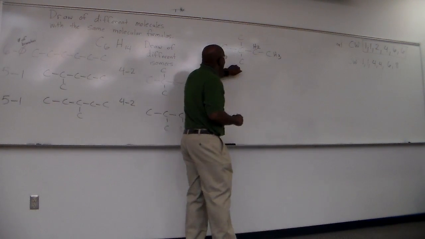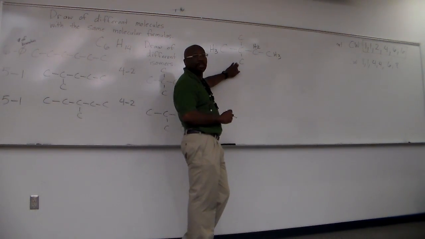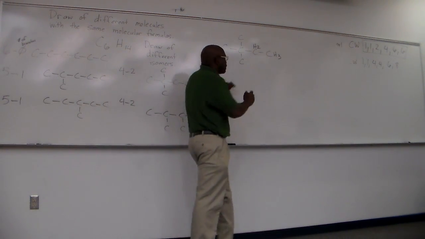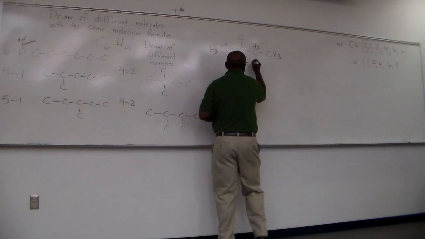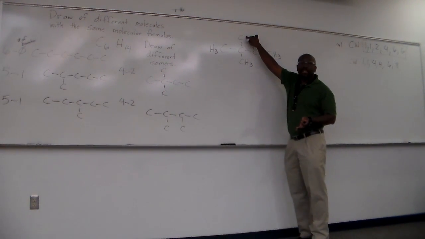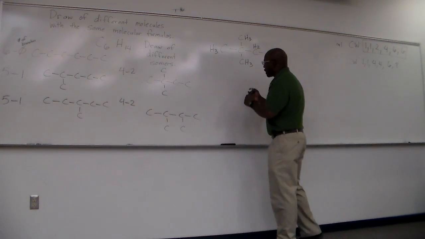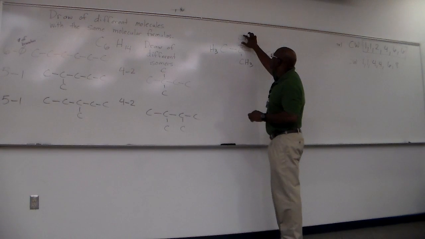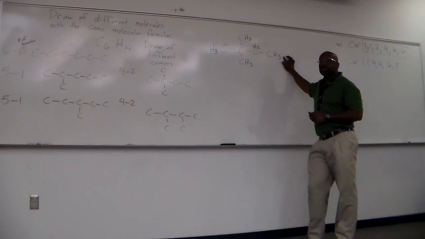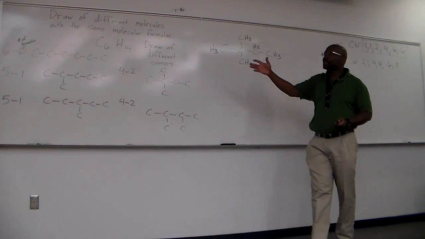Now the carbon at the bottom: 1 bond shown, so 3 hydrogens. The one at the top: 1 bond shown, so 3 hydrogens. Now let me count: 3, 6, 9, plus 3 is 12, plus 2 is 14.